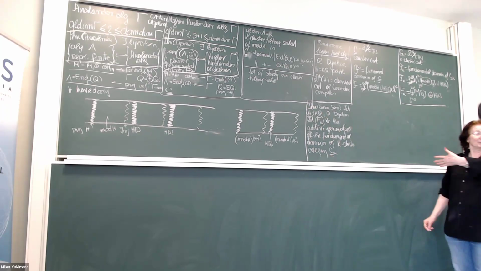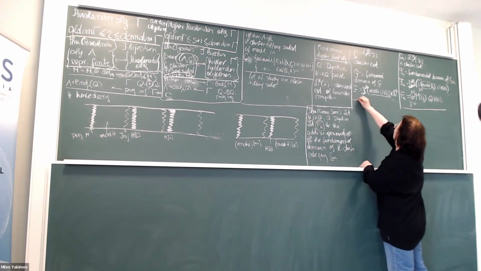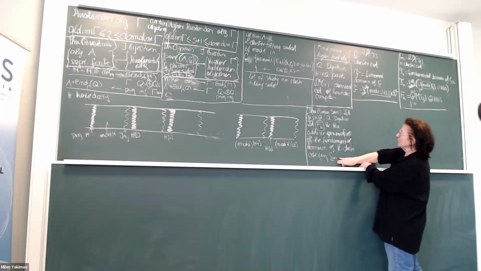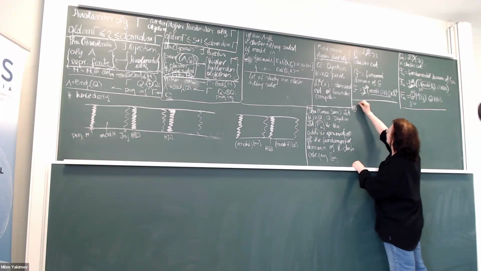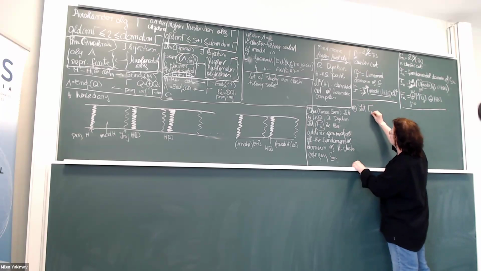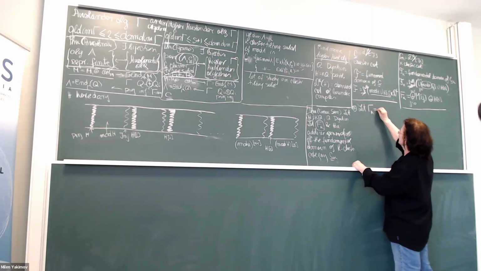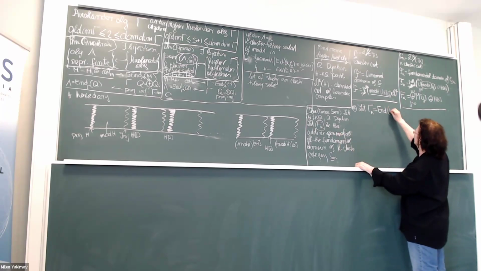Okay, so now I'm going to make the statement. With this, there are several parts. The first part is let gamma K be equal to the endomorphism algebra of Fk over dB.